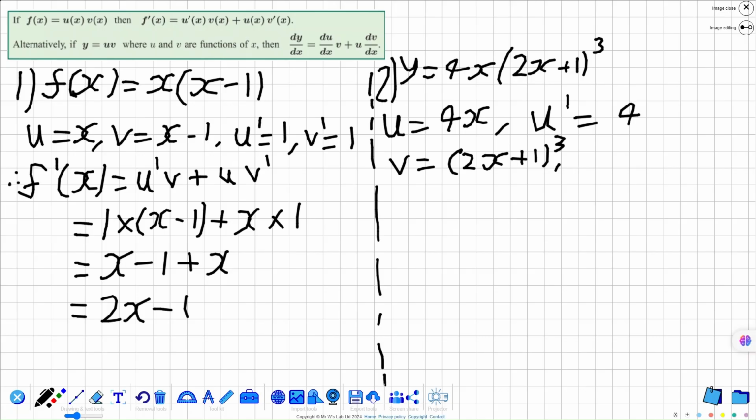And now this is where it gets a little bit interesting, is we can actually use the chain rule in this scenario, because we've obviously got an equation here in brackets with an exponent to the power of 3, and so we can say then this equals 2x plus 1 to the power of 2, times by 2 like that.